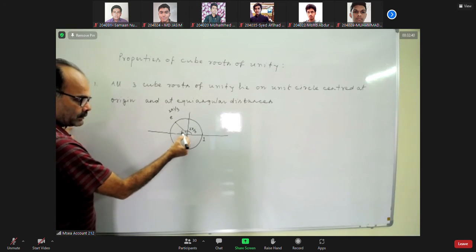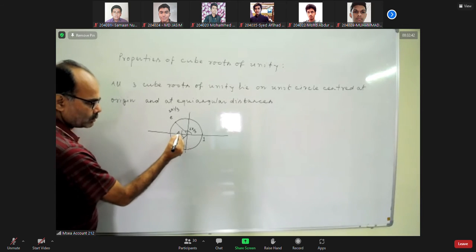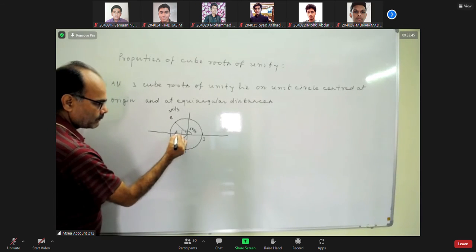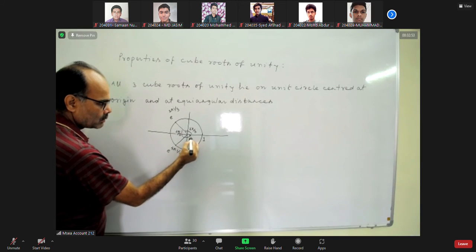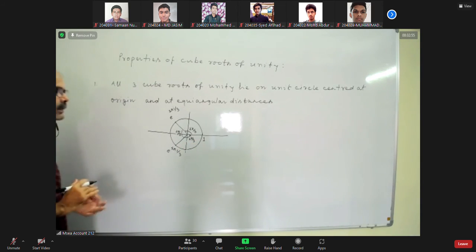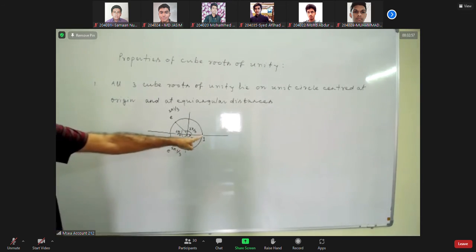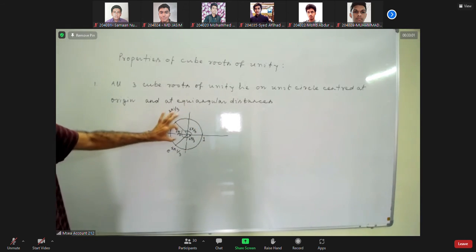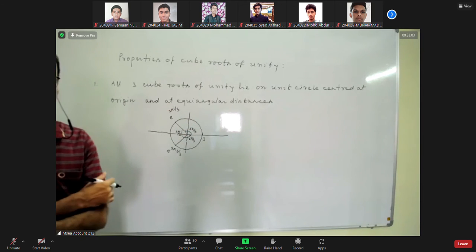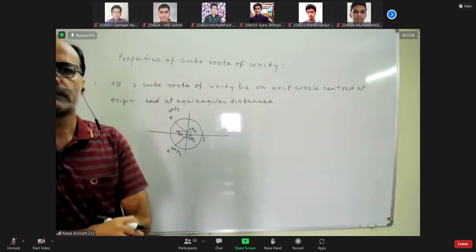So this angle will be 2 pi by 3. This angle will be again 2 pi by 3. See, one complex number is here, the other is here, the third is here, and they lie at equiangular distances.